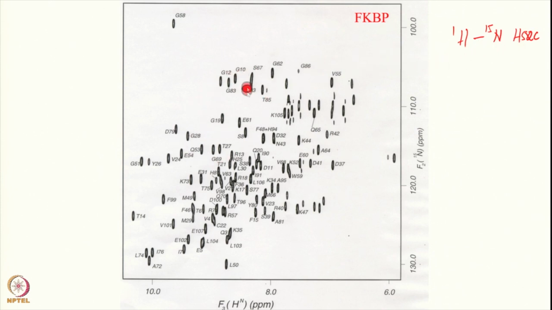Since you are able to count the number of peaks distinctly, one for each residue, the number of peaks will be almost equal to the number of residues in your protein, barring prolines. The prolines do not have amide protons, therefore you will not see those cross peaks.